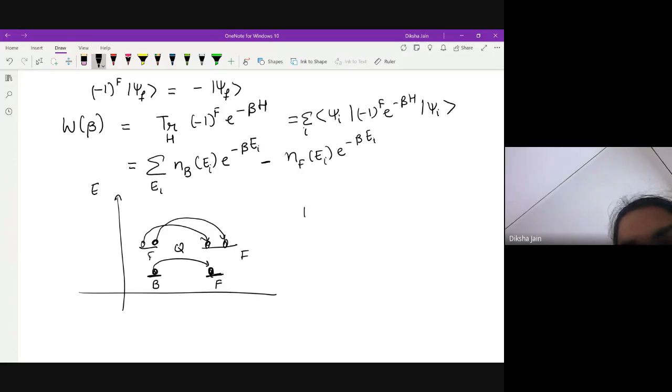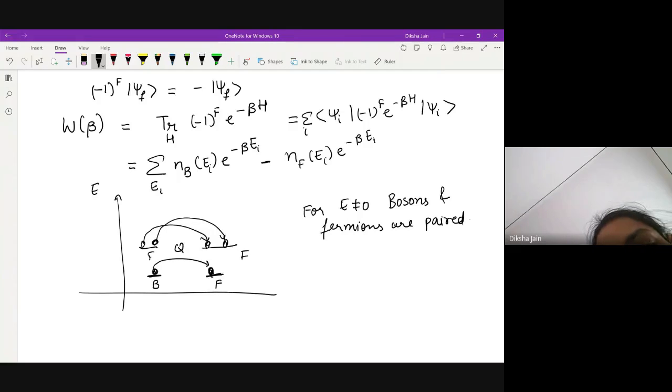So for E not equal to 0, bosons and fermions are paired. This means that for all non-zero energies, since bosons come with a positive sign and fermions come with a negative sign, both of these things will cancel from the trace.